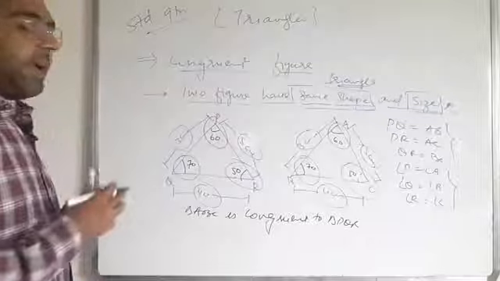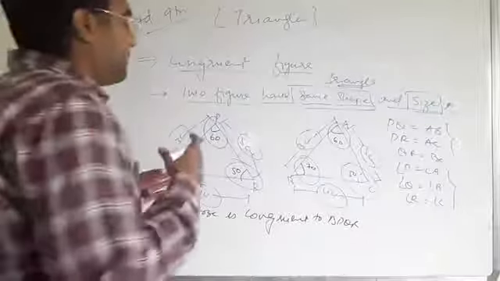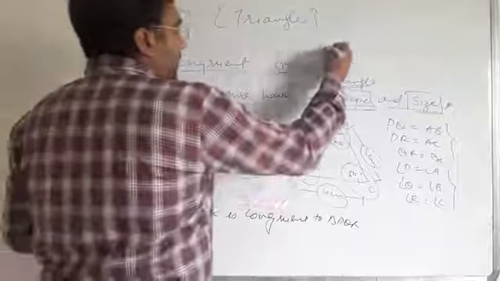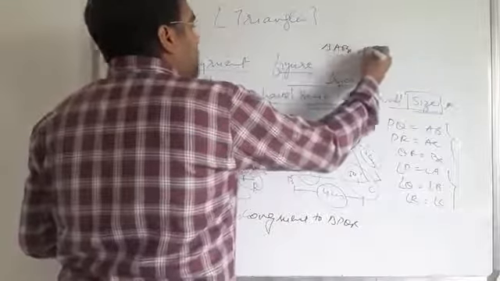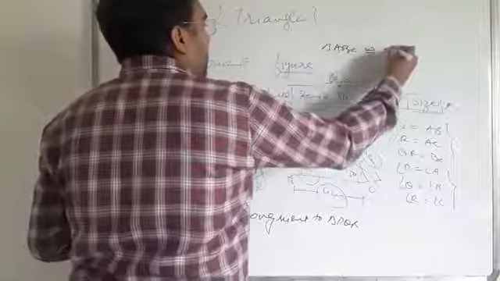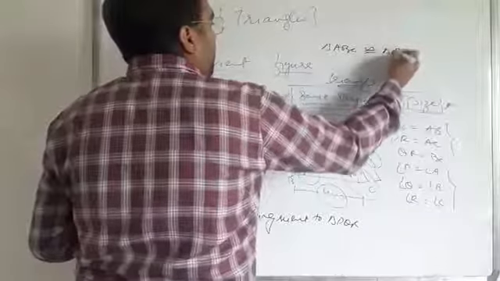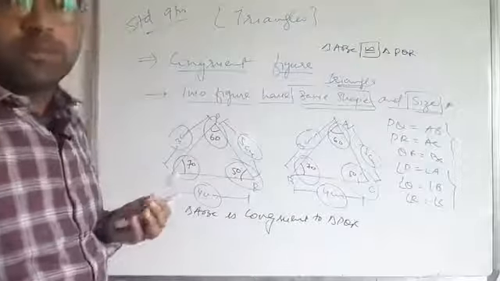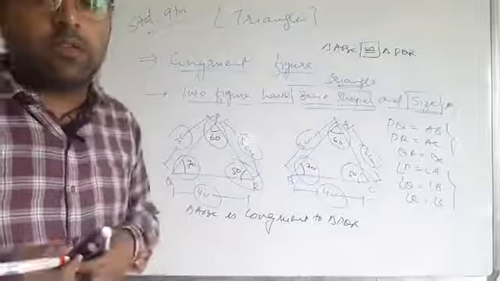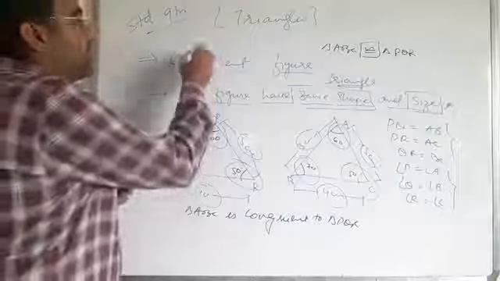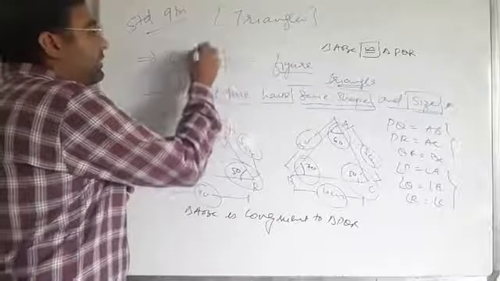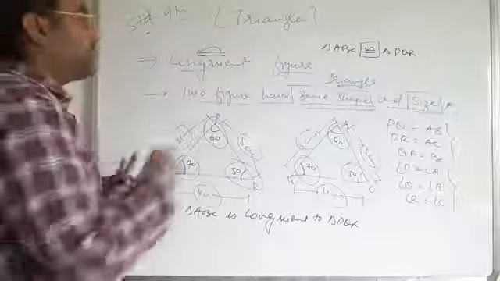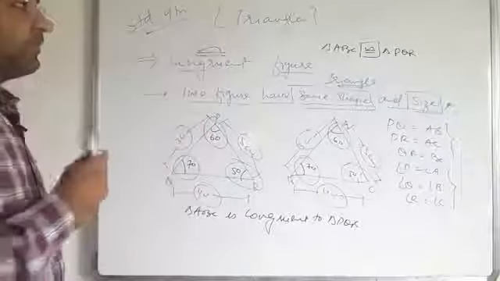No, we have to write it symbolically, like triangle ABC is congruent to triangle PQR. This is the sign of congruence. Okay, this is the sign of congruence.